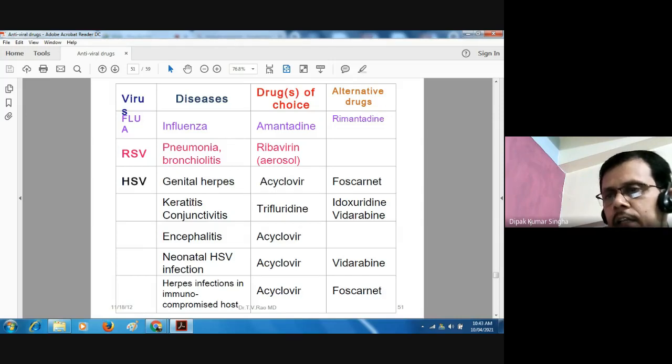Conjunctivitis: trifluridine or idoxuridine. Acyclovir is generally, till now, the most useful drug, then amantadine or idoxuridine and foscarnet. And in hospitalized patients, interferon is very useful basically for cancer and transplant patients also.